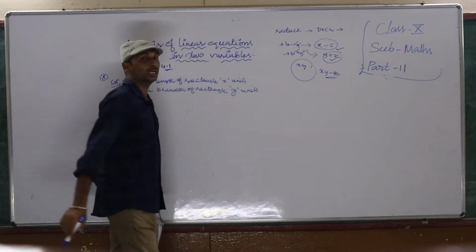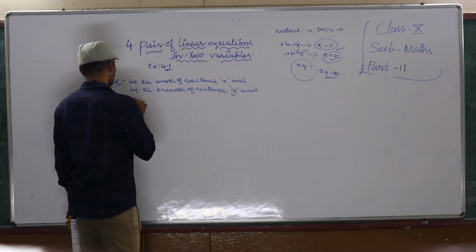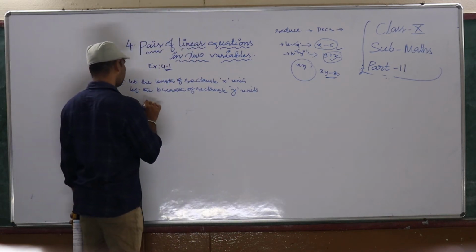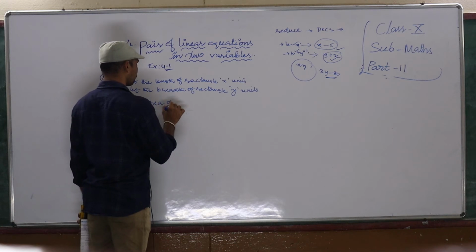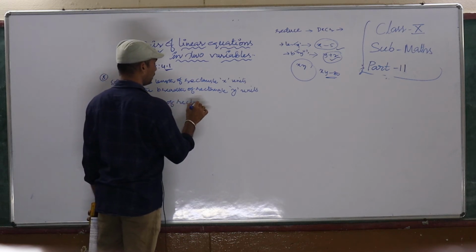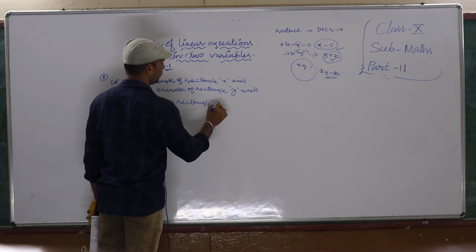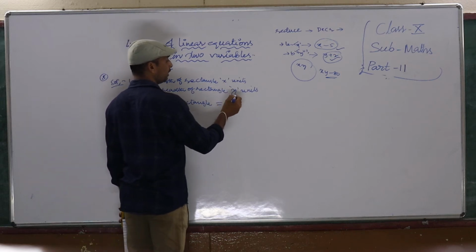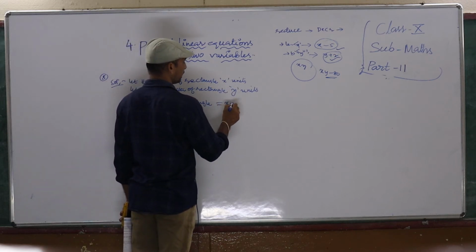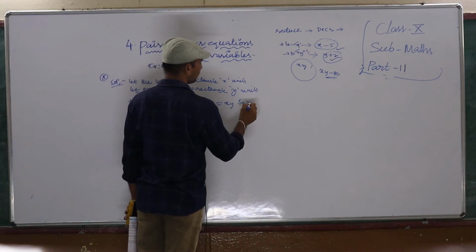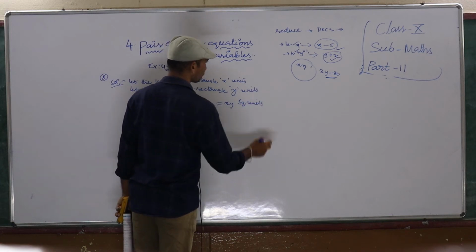First find out original area. So the area of rectangle, formula L into B, but here L x, breadth y means xy square units.